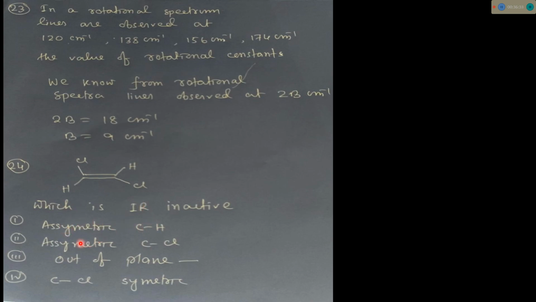Options: asymmetric CH, asymmetric CCl, out of plane something, and CCl symmetric. We all know that asymmetric bending or stretching are all IR active, because the dipole moment changes. So asymmetric CH is also IR active, and asymmetric CCl is IR active.